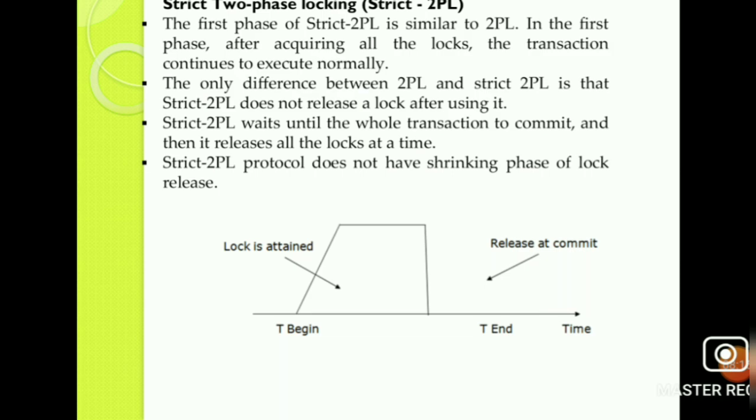After the transaction has committed, it releases all the locks at the same time. So it does not have a shrinking phase. It has a growing phase and then an execution phase. Once the transaction executes completely, it gets committed, and after completion, it releases all the locks at the same time. So there is no shrinking phase here.